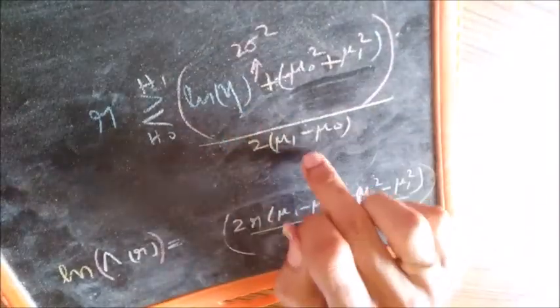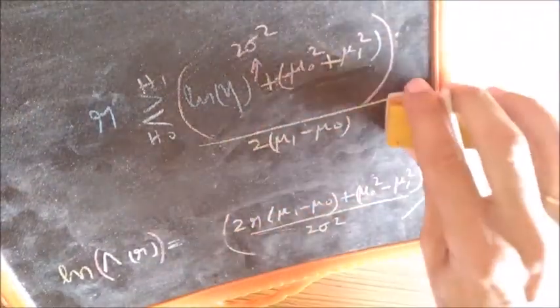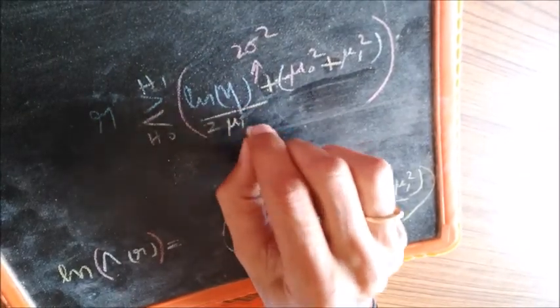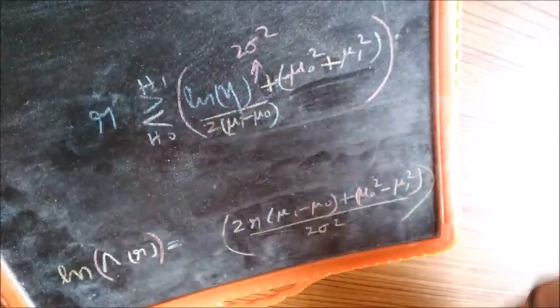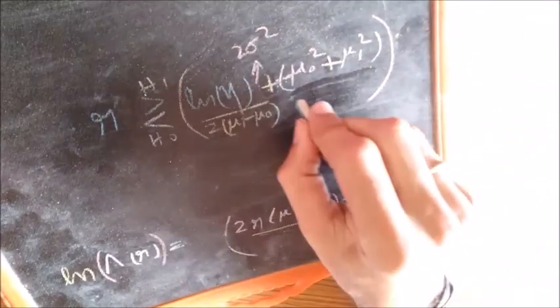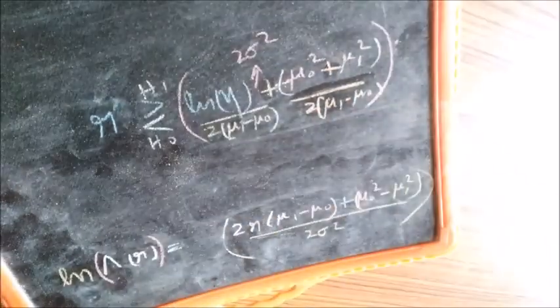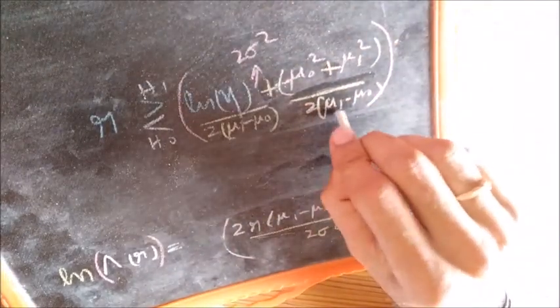Now we will divide each of these terms by 2 mu1 minus mu naught. You will get 2 mu1 minus mu naught here, and mu1 minus mu naught here.